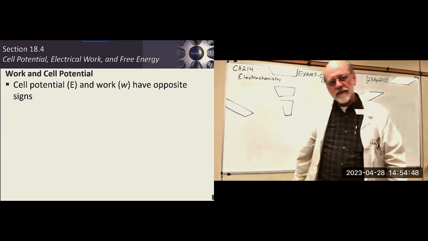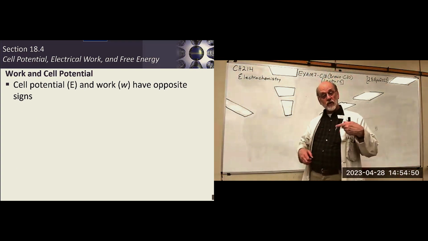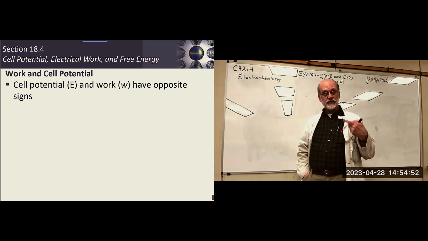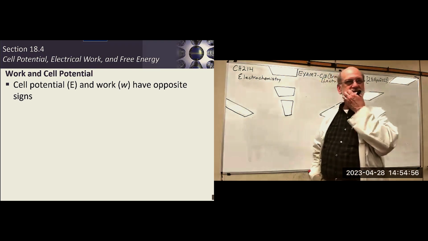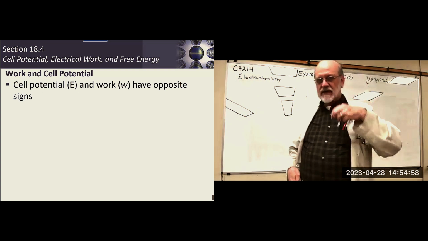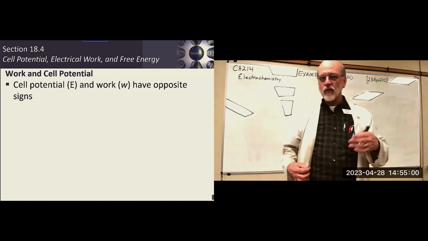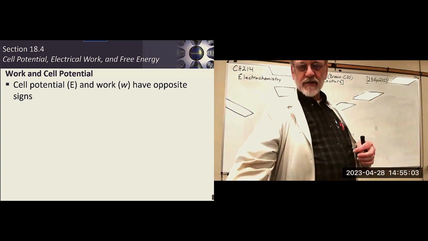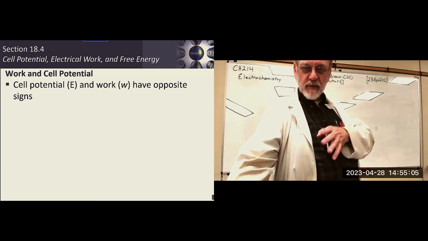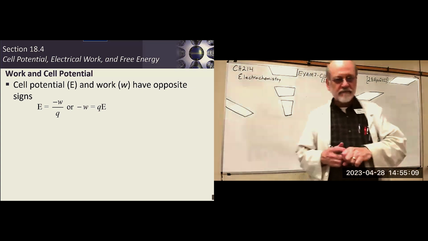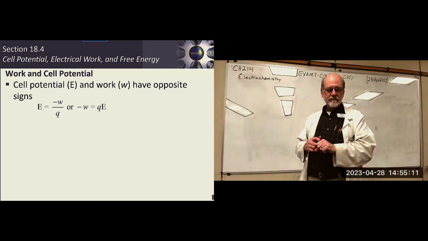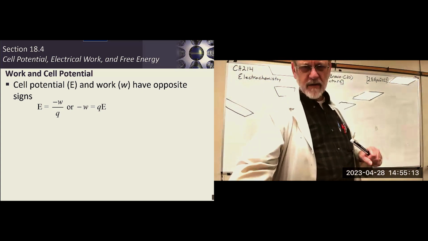Now, if we're going to do any work with this electricity that's produced by our chemical reactions, we need to sit down with work functions. So we've got the cell potential and we've got an expression for work.